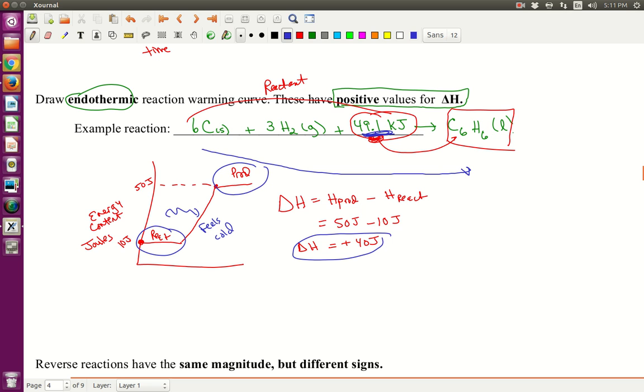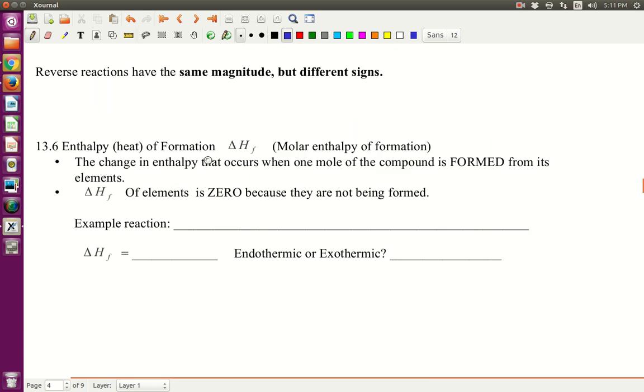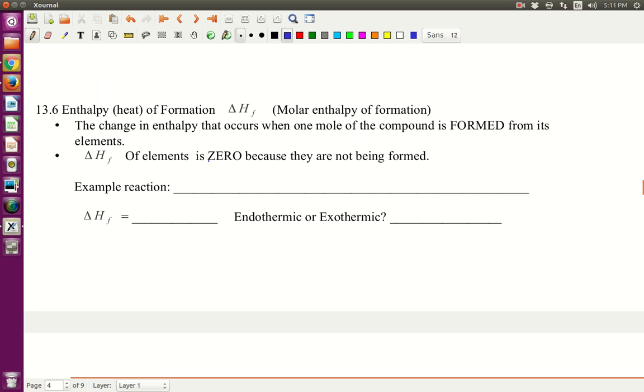So if I go forward, that's the forward reaction, I'm going to put 49.1 kilojoules in. But if I go in the reverse direction, I'm going to lose 49.1 kilojoules, because that amount has to be taken back out so I get just those things. So that's what it means by the same magnitude but different signs. And we're going to talk about reversible reactions in more detail later on.